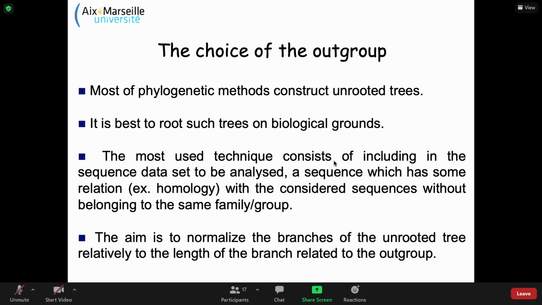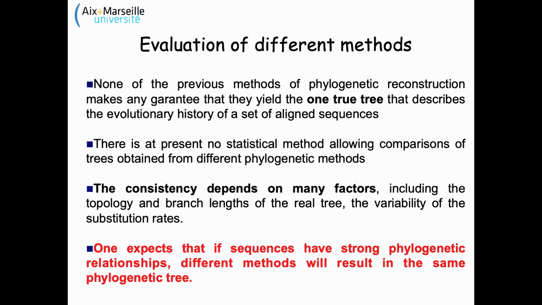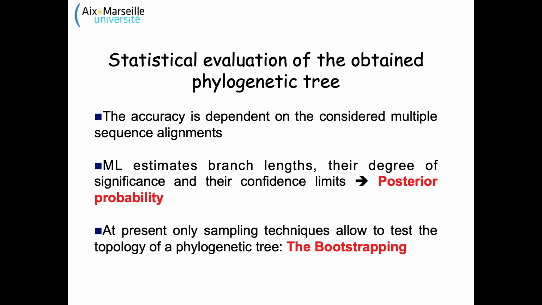I told you how to choose the out-group, and then you have different evaluation methods, and we will see one of them. In maximum likelihood, the most common one is called posterior probability, okay? And then you also have another one named bootstrap, okay?